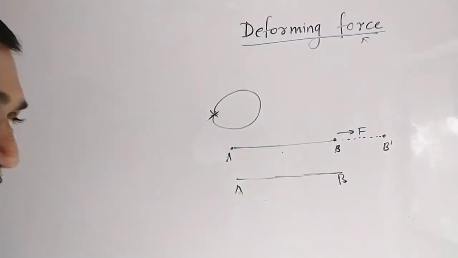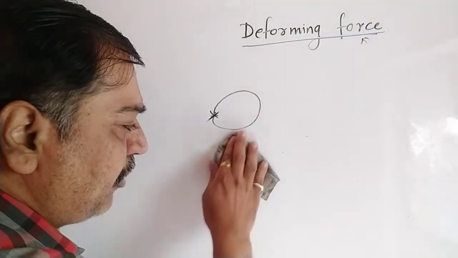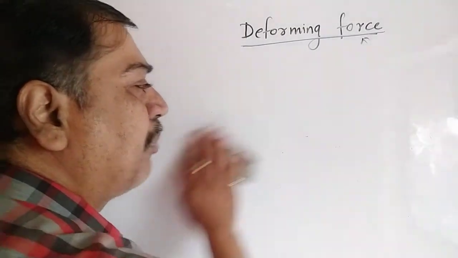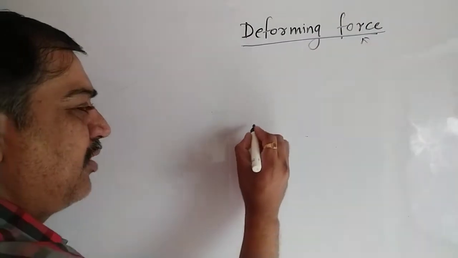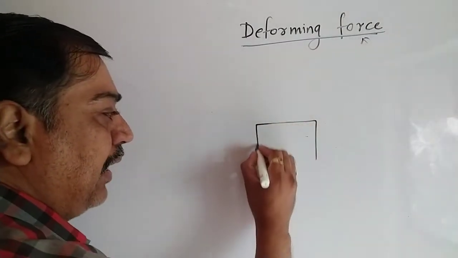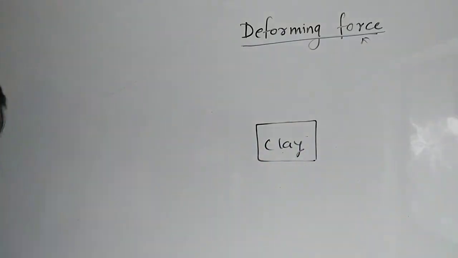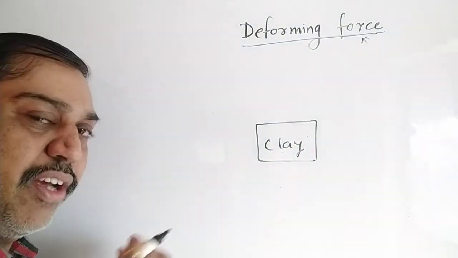Apart from this, if you see a second example, might be all of you played in your childhood with clay, dough, and sometimes different things. Clay is well known to everyone. Suppose we have this bar of clay. Now if we have clay, we can make any toys from it.